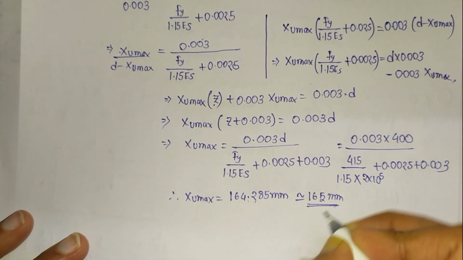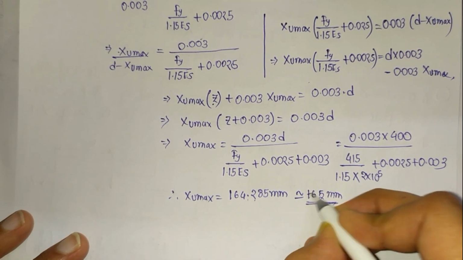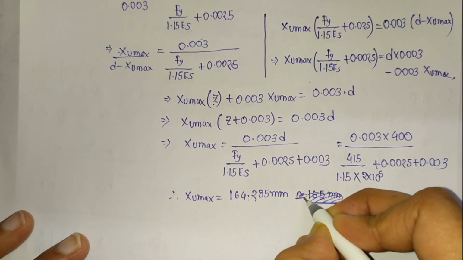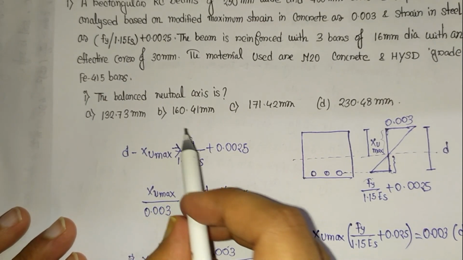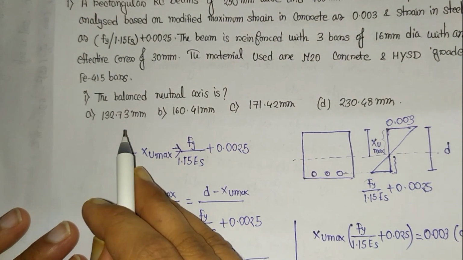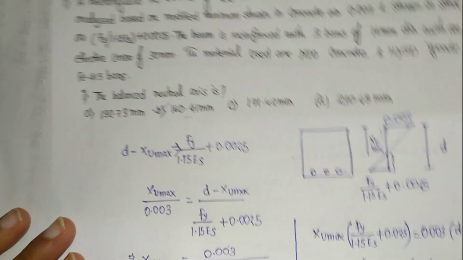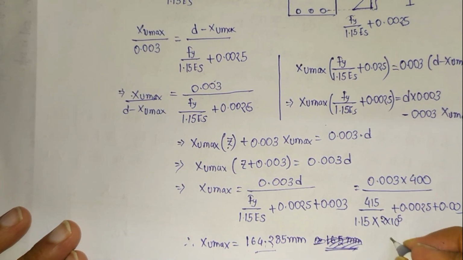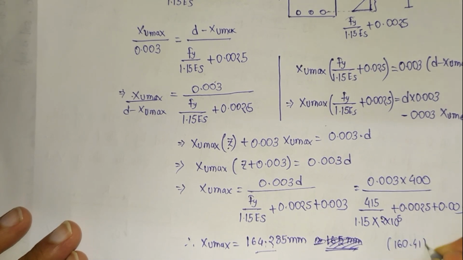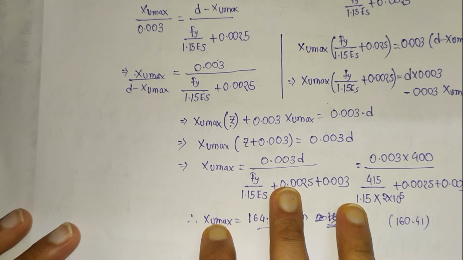Looking at the options, the nearest option is 160.41. So this is the solution for the first problem.